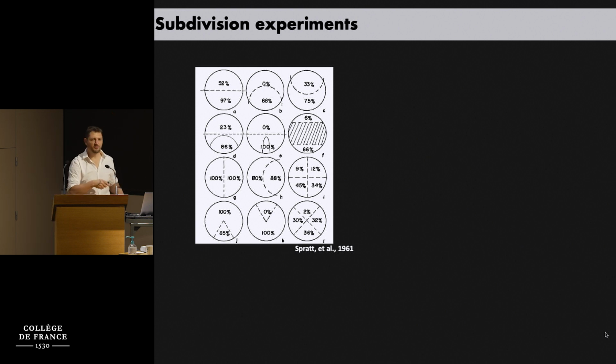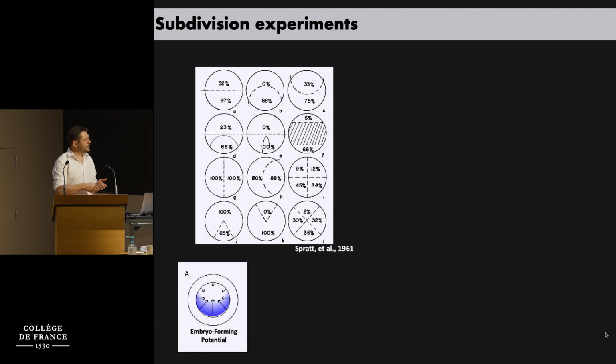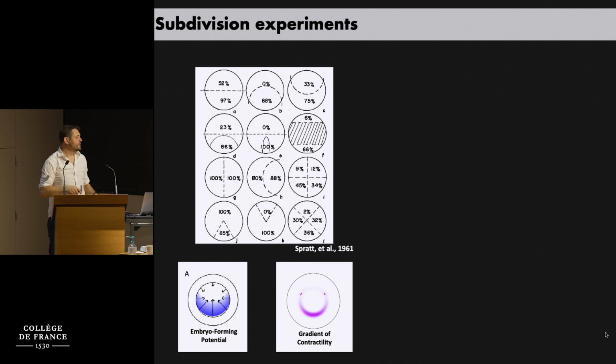I'm not going to go through all the experiments here, but what they did was cut into many different parts, many different orientations, different stages, and they came out with the idea that at the embryo margin there is an embryo-forming potential, with a higher potential in the posterior, which decays when you go to the anterior. And this really resembles the gradient of contractility that we see in the embryo.